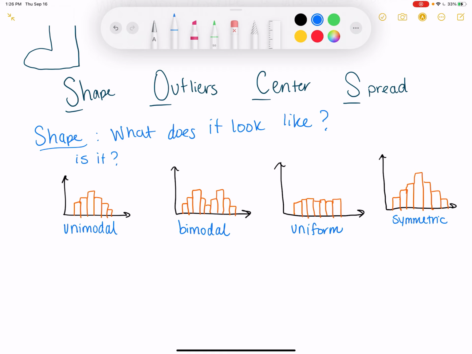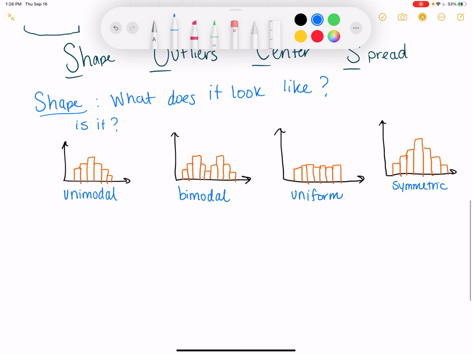Symmetric could look different as long as if you split it in half it looks the same. We usually don't have them come out that way, but it could. They all could be symmetric. Potentially.